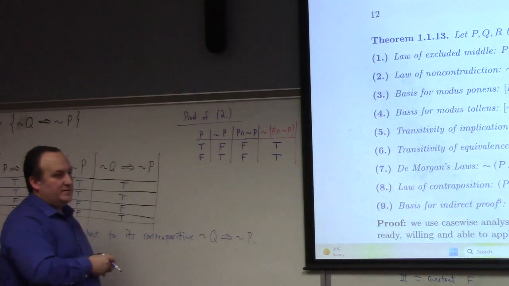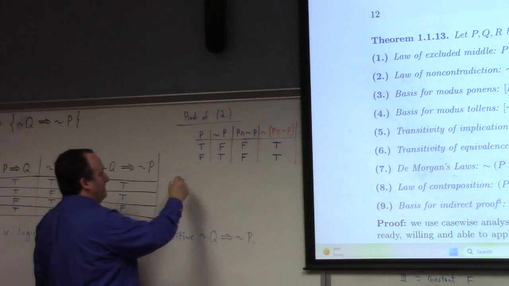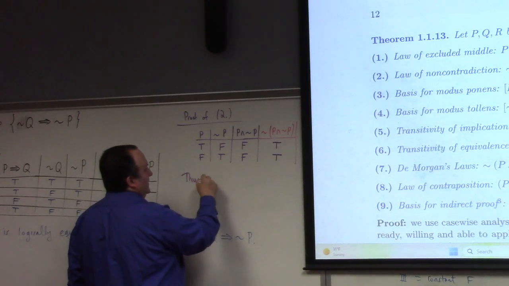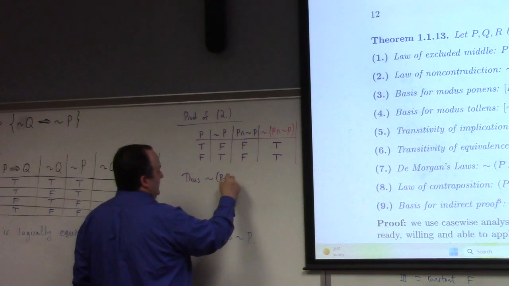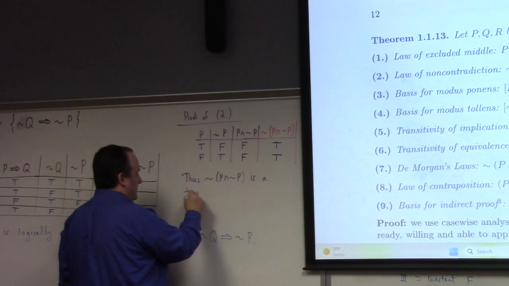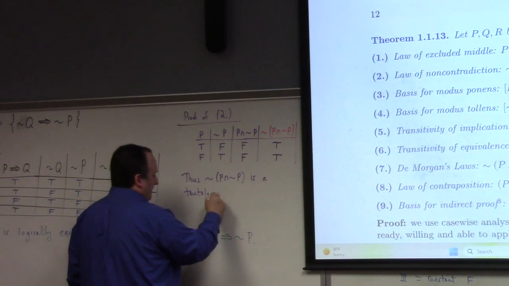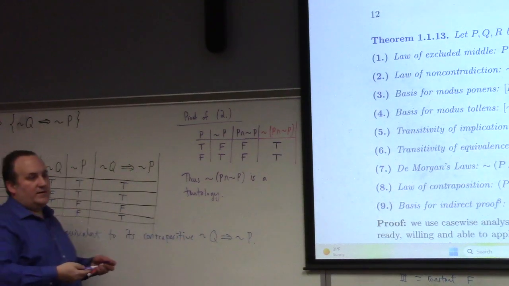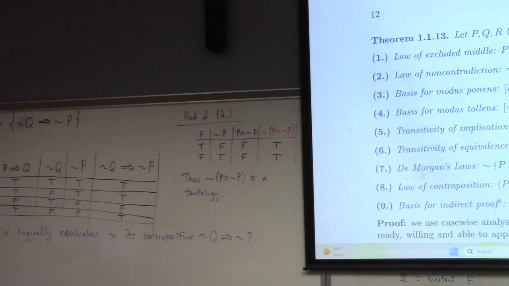And false becomes true. Thus, not (P and not P) is a tautology. Tautologies are laws of propositional logic. We can always use a tautology to convert one thing to another.